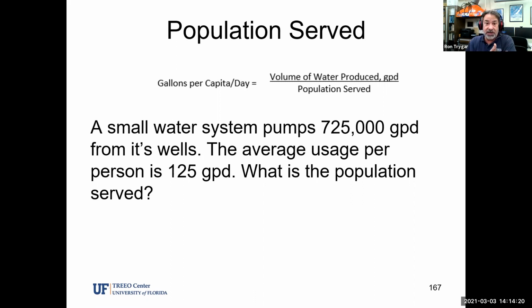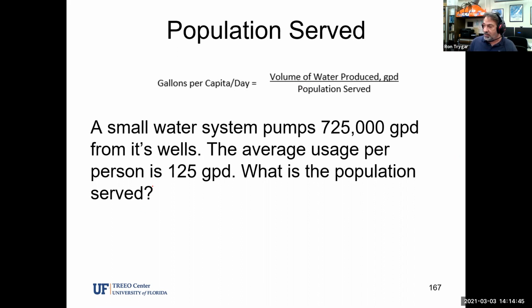So in this case, we can use an estimation of, say, 125 gallons per person per day. And if we know that we're pumping 725,000 gallons out of the wells, then what's the population? In this particular case, we're not going to use this exact formula, because that was the formula we used just a second ago to figure the opposite.